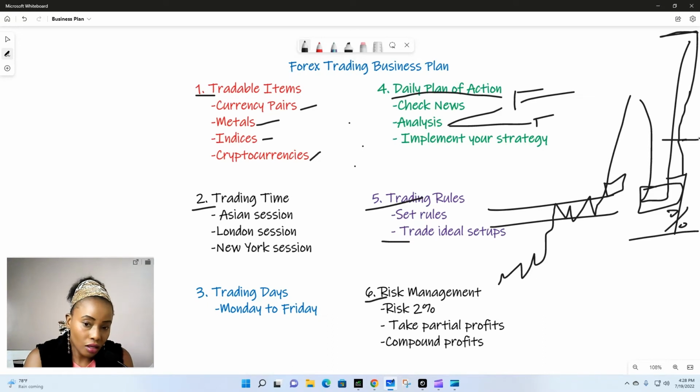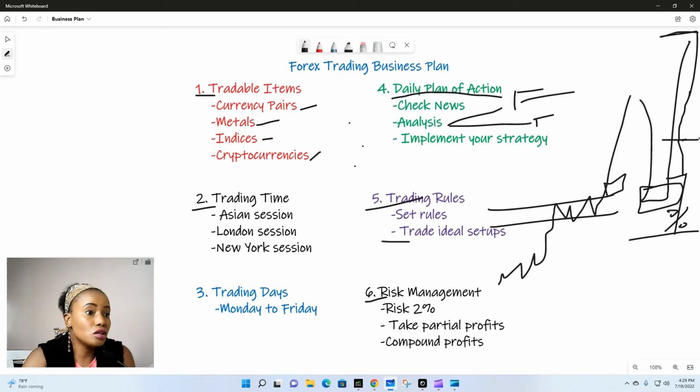Then it's advisable to compound your profits, where you increase your trading volume using a lot size spreadsheet to grow your account. So if you made $10 today, you can take half of it as your paycheck, and then the other half you can leave in your bank balance, so that the next trading session you have a bigger volume.